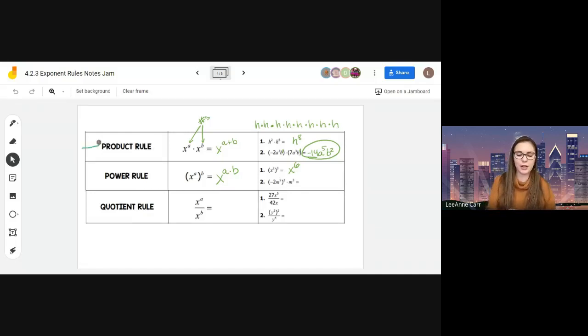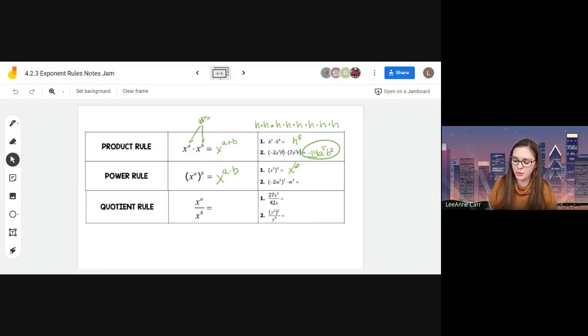So if I go back to the product rule, when we were multiplying, we had to add the exponents. So Connor, if when we multiplied, we added the exponents, what do you think we're going to do with our exponents when we're dividing? Yeah, we're going to subtract.